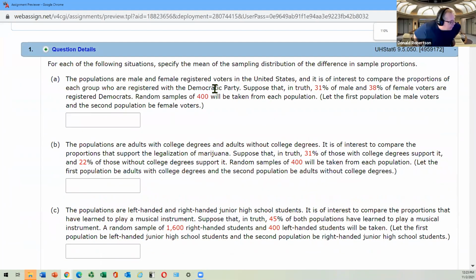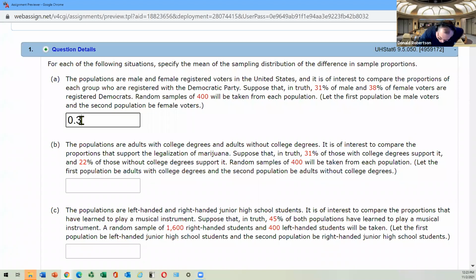For each of the following situations, specify the mean of the sampling distribution of the difference in the sample means. We are only interested in the difference between the two groups. So 31% and 38%.